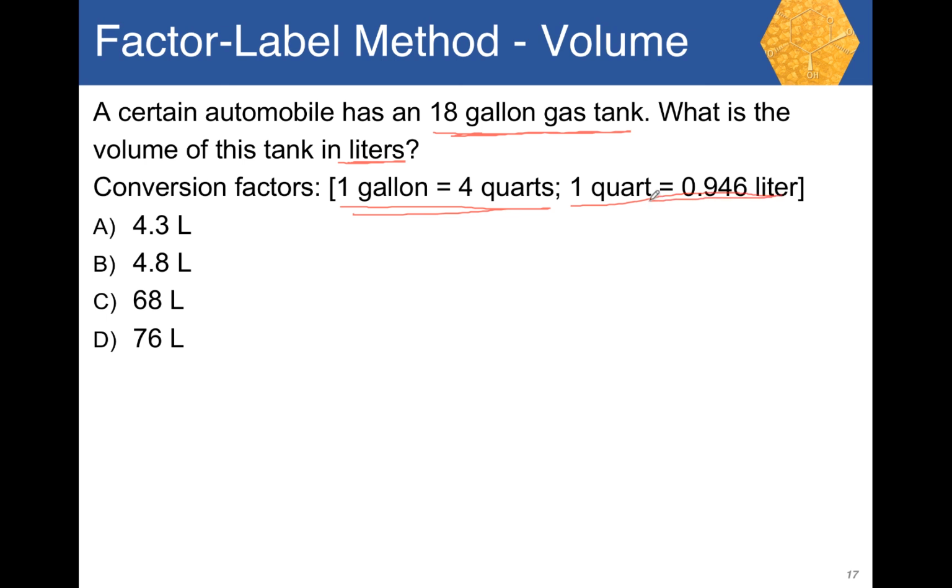So you're given 2 conversion factors. So now you have to make 2 conversions. You already know from the previous question to convert 18 gallons into quarts. And then you can now convert quarts into liters based on that conversion factor.